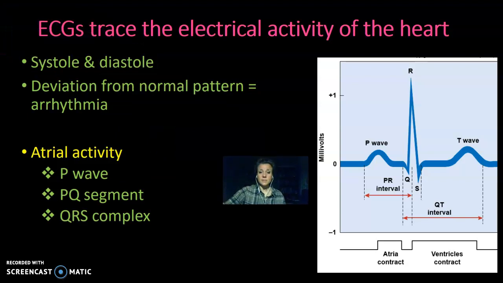All right, so this might be a shape that you are familiar with. This is an ECG or an EKG. I just wanted to make mention, though, that this single trace that you see in this picture is kind of like an average of all of the electrical activity that's happening in the heart.